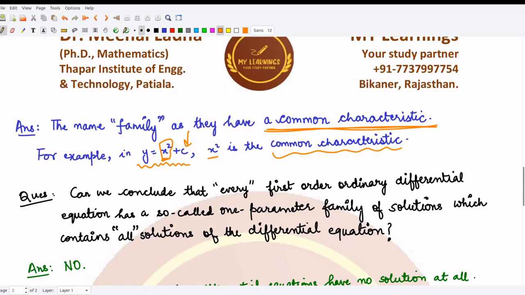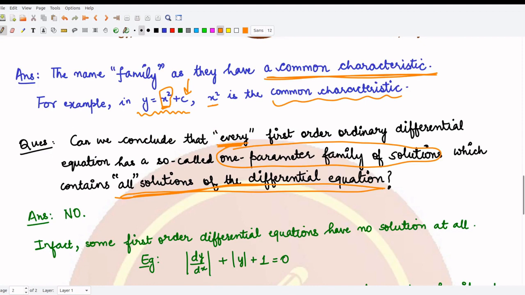And so the next question here is, can we conclude that every first order ordinary differential equation has a so-called one parameter family of solutions which contains all the solutions of the differential equation? The answer is no. This is not true in general. Why? Because some first order ordinary differential equations might not have a solution. For example, this equation has no real solutions, correct?